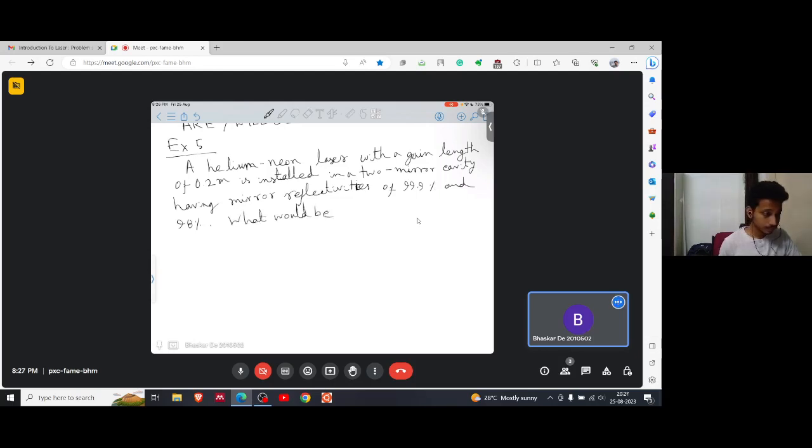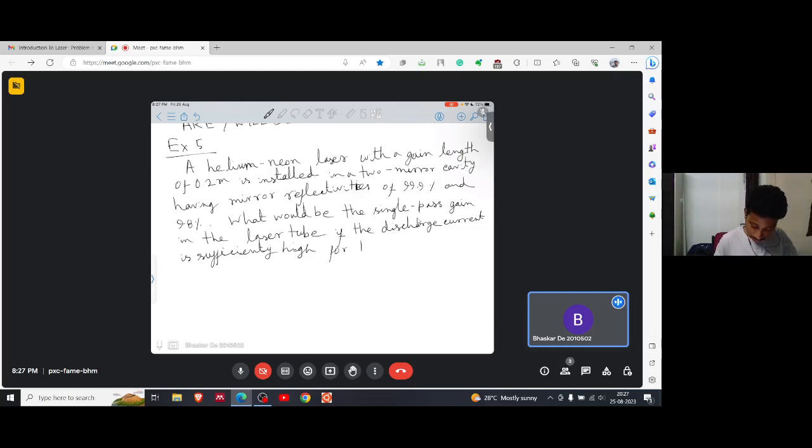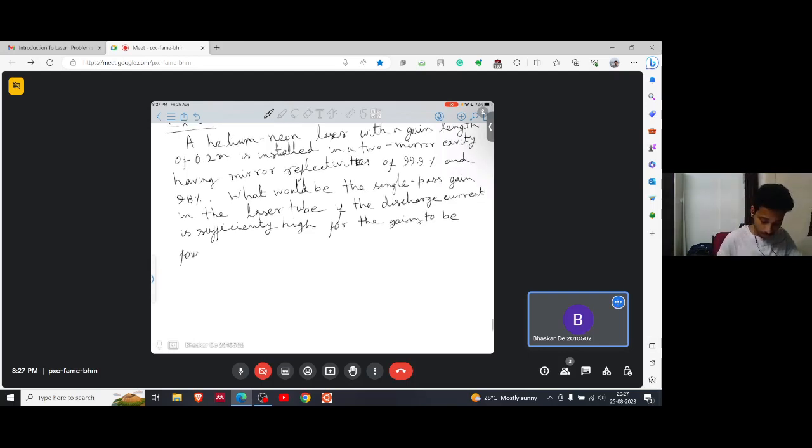What would be the single pass gain in the laser tube if the discharge current is sufficiently high for the gain to be 4 times the threshold value.